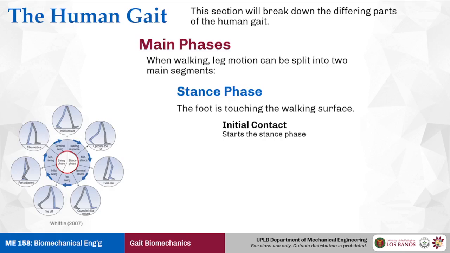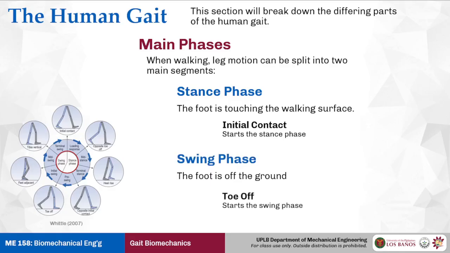So the stance phase is then followed by what we call the swing phase. So this is the part of the walking where your foot is off the ground. And this happens at toe off. So if your walking is proper, you use your toe to lift your entire leg up from the floor. So that's the stance phase, and that is the swing phase.